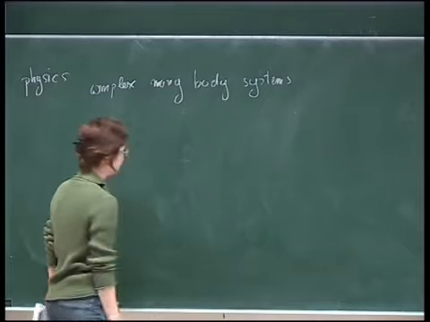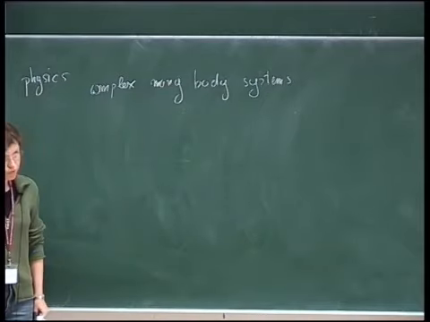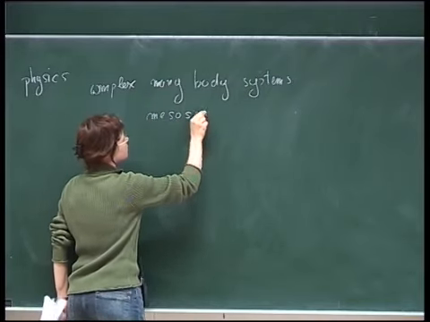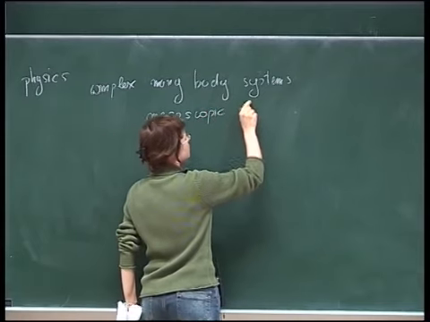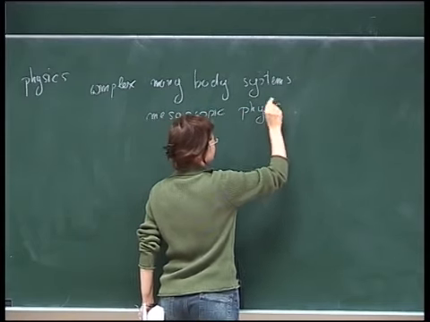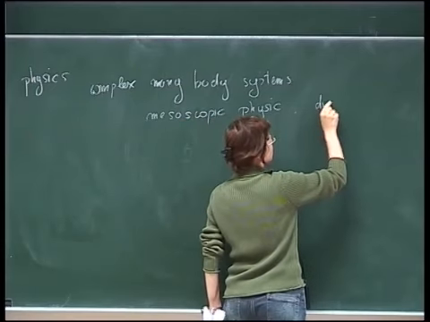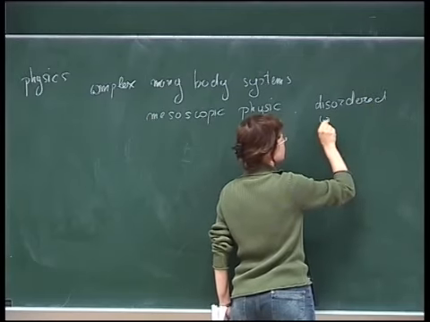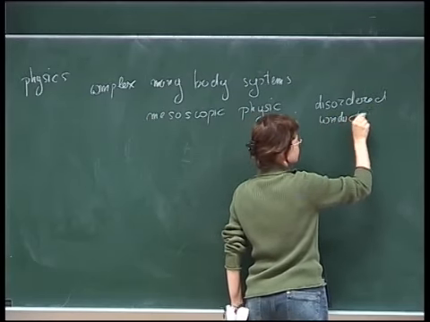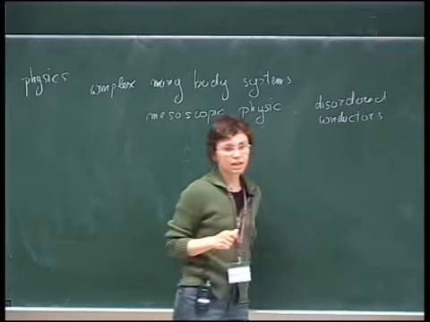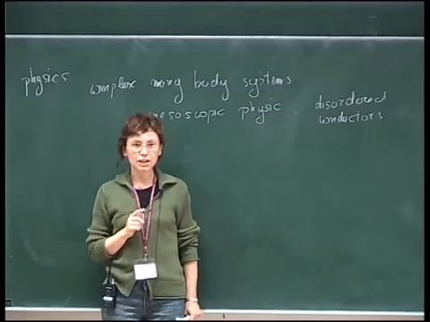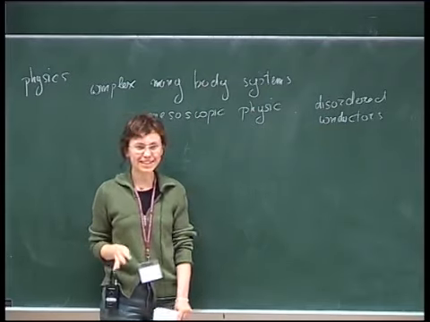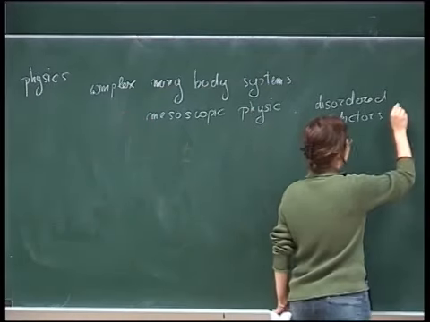Later on, it was very useful in mesoscopic physics, and this means disordered conductors. And it's in this context that the random Schrödinger operator appears. You have heard a lot about random Schrödinger, and you will still hear a lot about it.